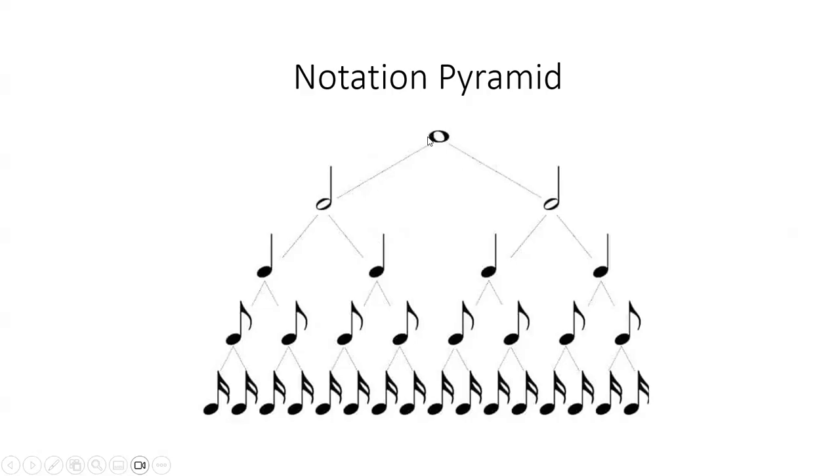The semibreve is worth 4 counts, minims 2 each, crotchets 1 each, quavers half each, and semiquavers under there are quarter notes. So you can work out at a glance how many semiquavers are in a minim, or how many are in a semibreve.